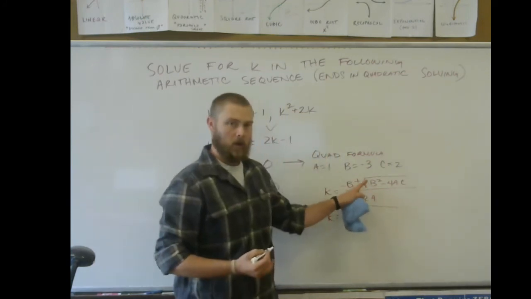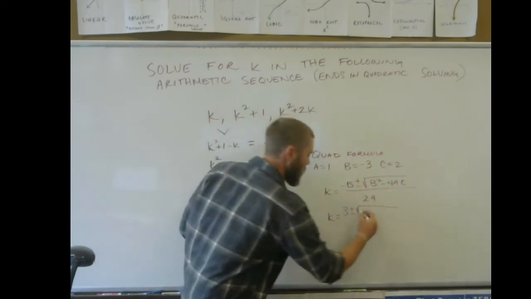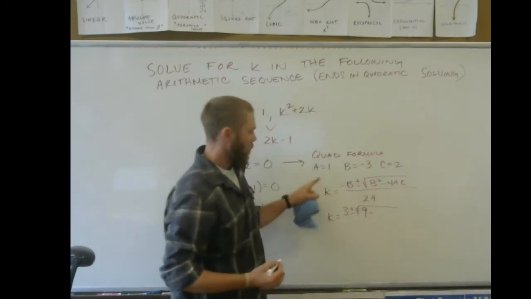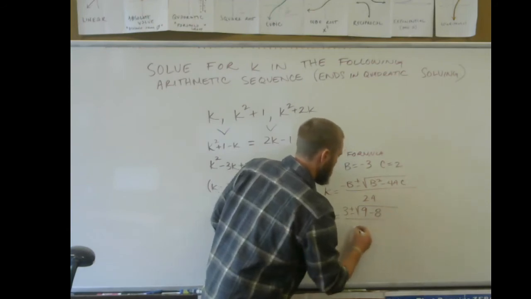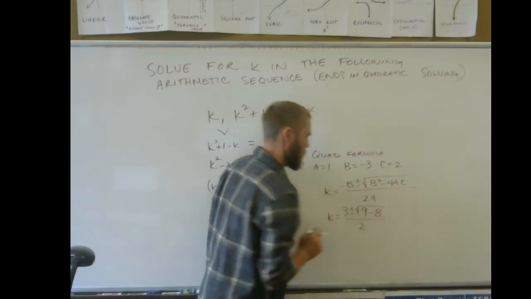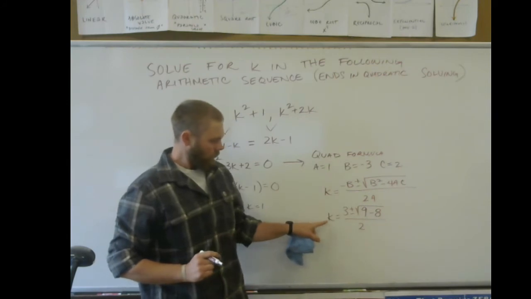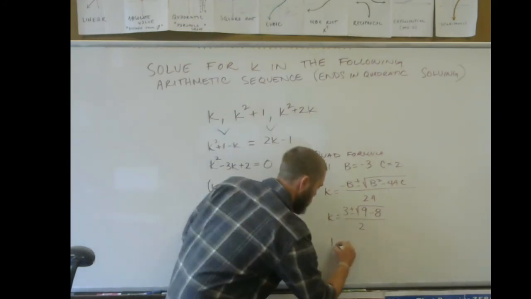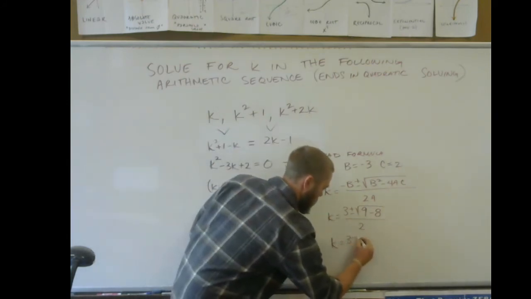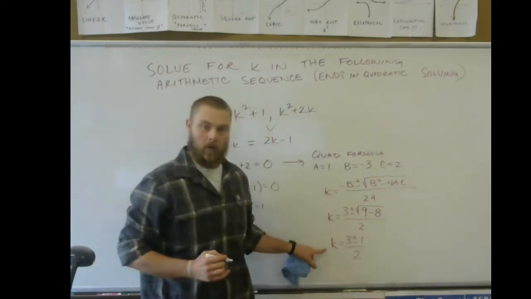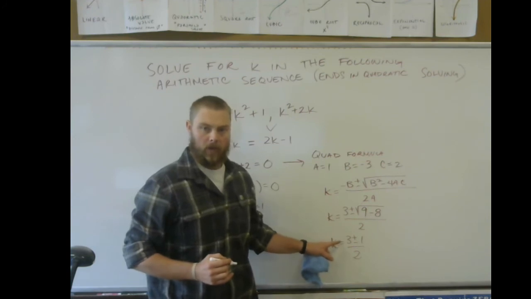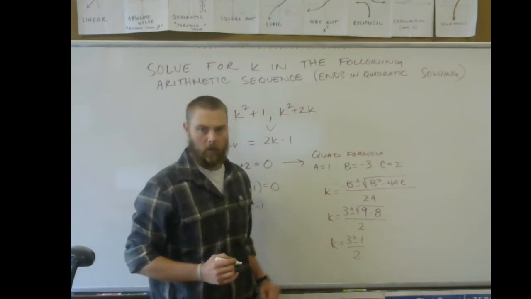B squared, negative 3 times negative 3, 9. And then 4 times a times c is 8. All right, so that's 1. And we're going to do this one time with the plus and then the other time with the minus.